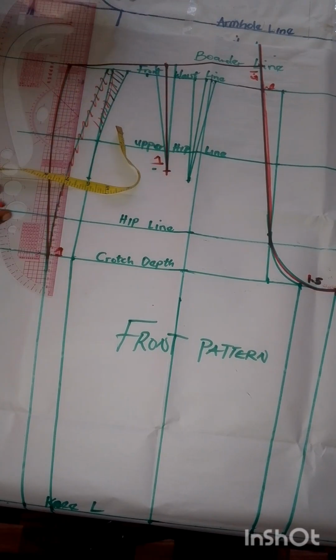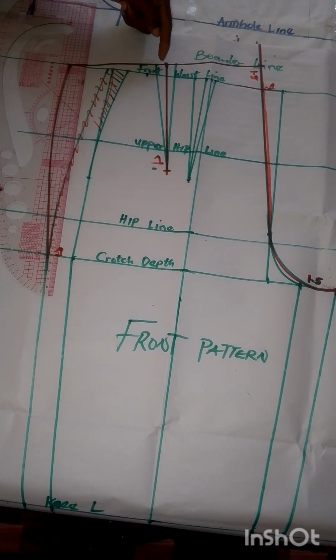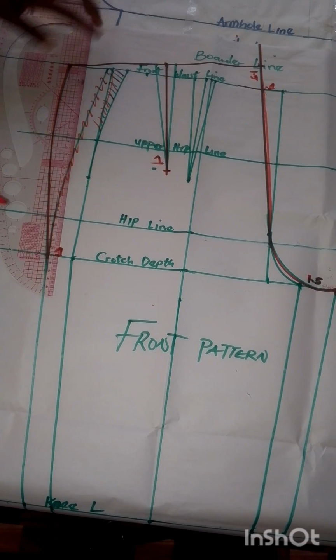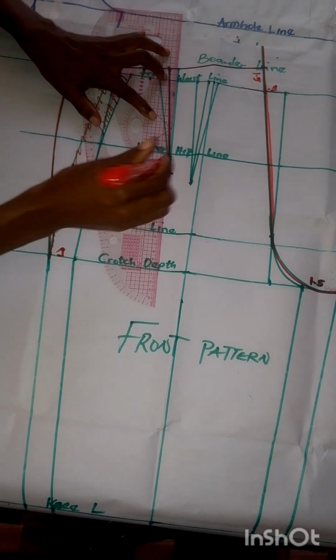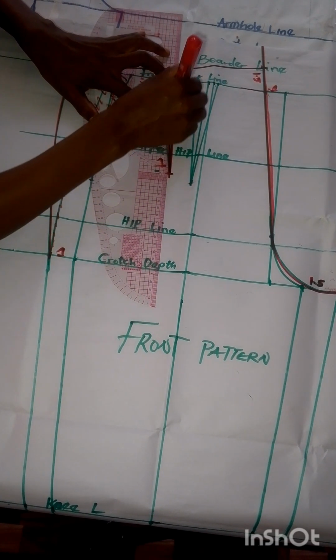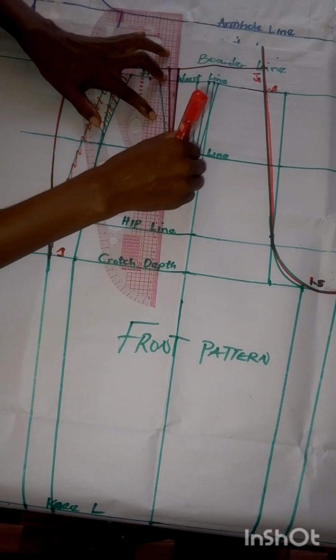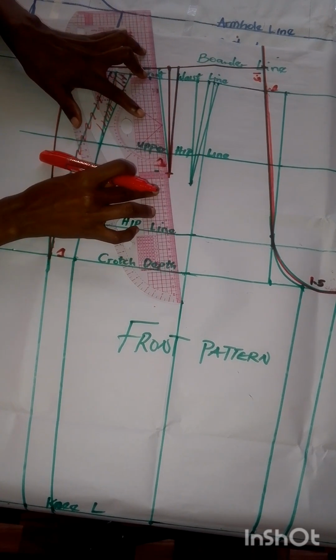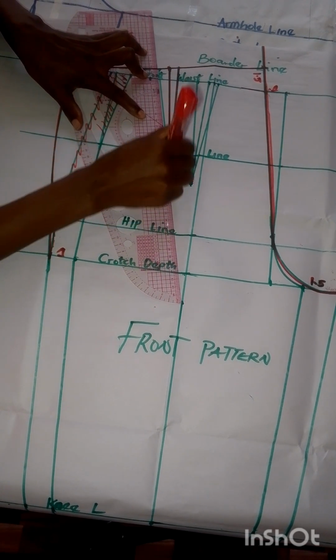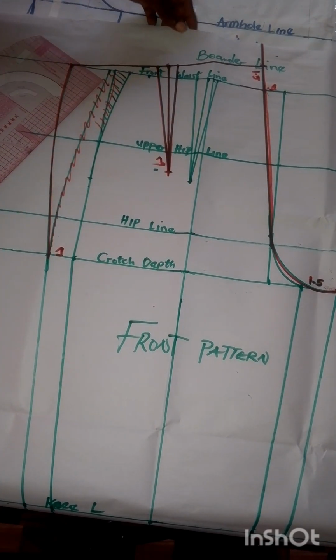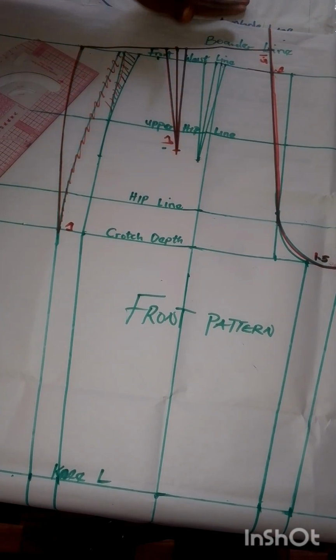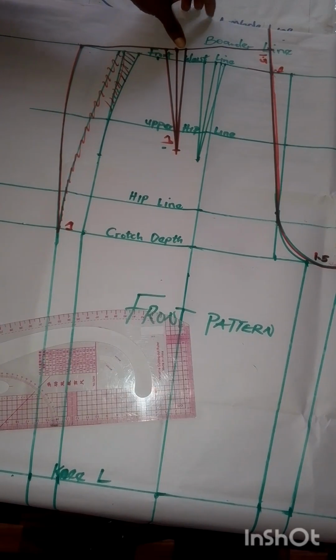From here to here, 1 inch. Then remember, our dart is 0.5 here, 0.5 to the other side. Then we are going to connect like so. Then we connect like so. Okay, so that is that for the upper part.